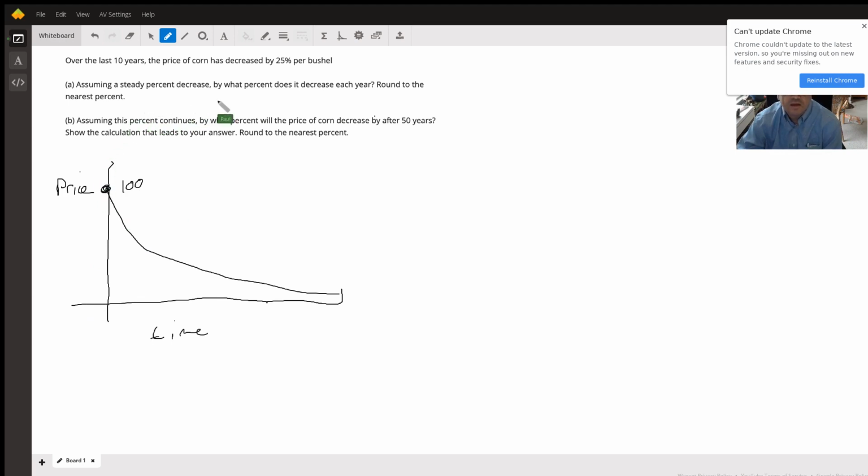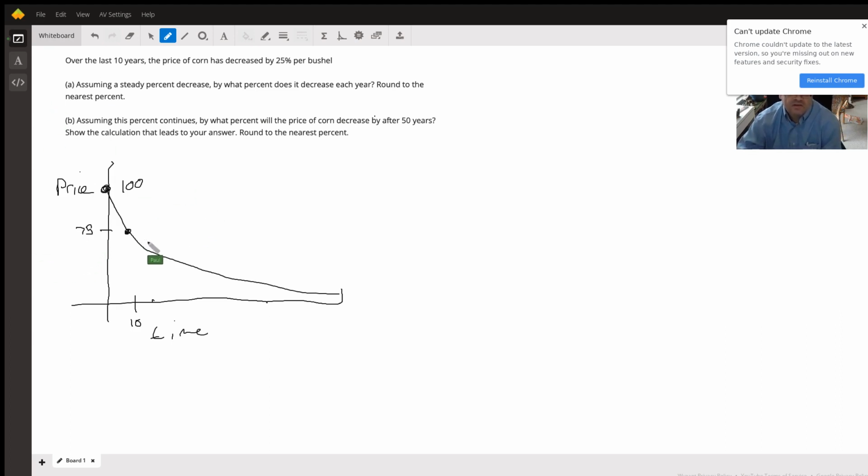And then it tells us that the price of corn has decreased by 25% over 10 years. So that means at 10 years, the price of corn has decreased by 25, so it's actually going to be 75.